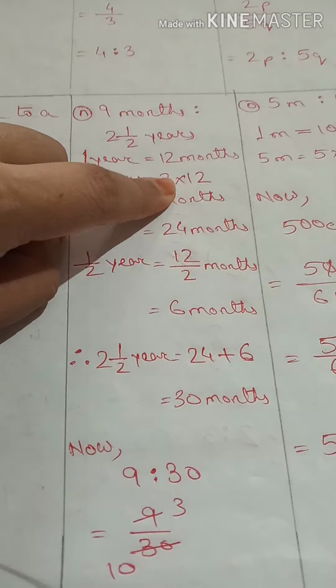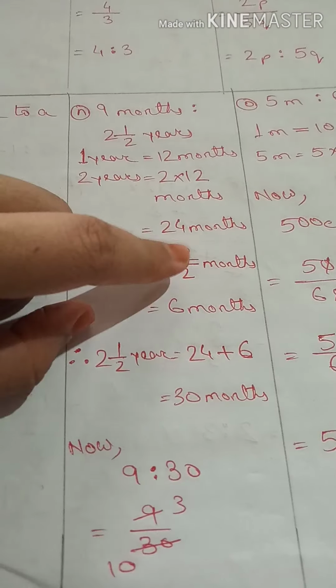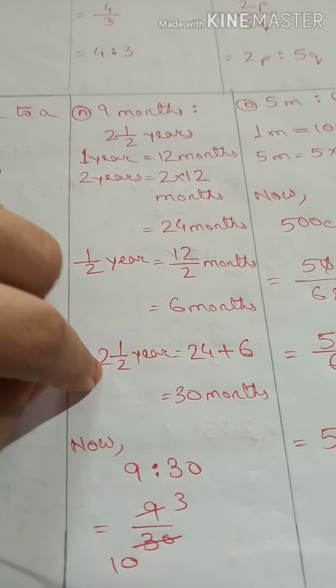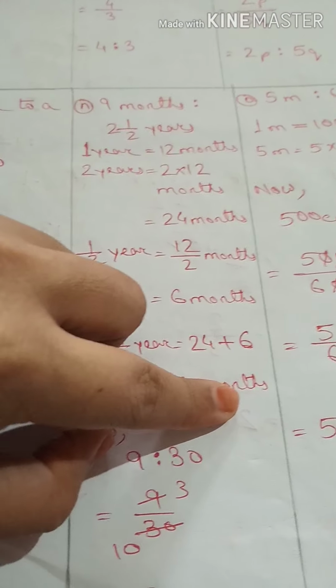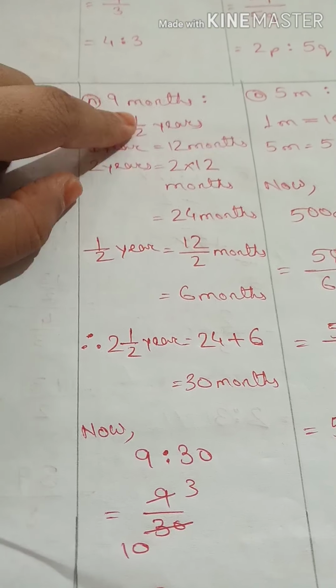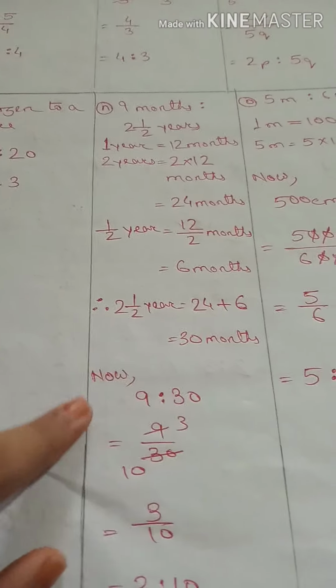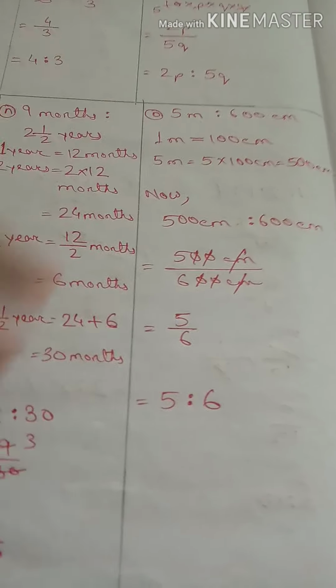Therefore 2 years will be 2 into 12 months, that is 24 months, and half year is 12 by 2 months, equals 6 months. Therefore 2.5 years is 24 plus 6 months, that is 30 months. We have converted both of them into the same unit. Since this is months, we have converted this to months. So 9 is to 30, after cancellation it becomes 3 is to 10.